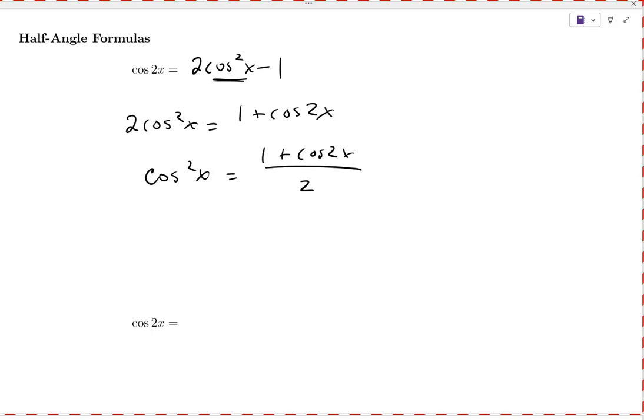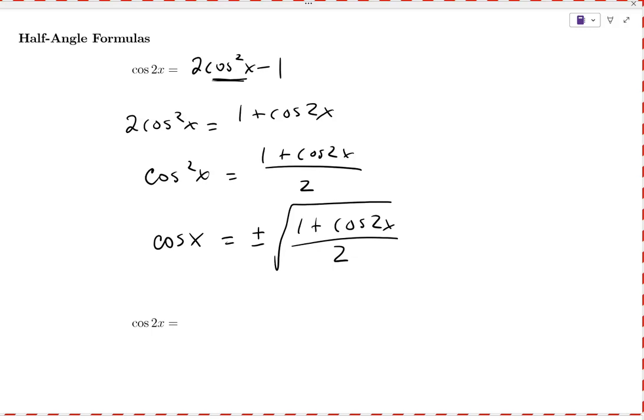All right, at this point, if I wanted to solve for cosine, I would need to take the square root of both sides. But remember that when you do the square root of both sides, you get plus or minus, right? Now, cosine is a function, correct? When I plug one thing in for cosine, I get one thing out of the function, right?